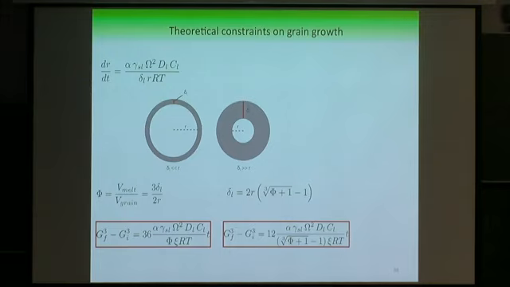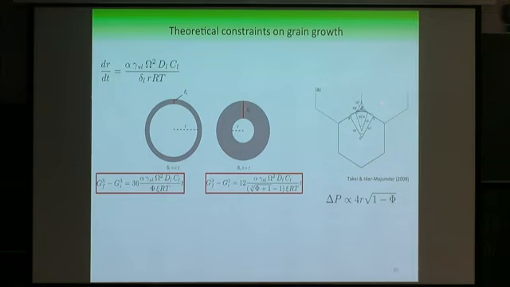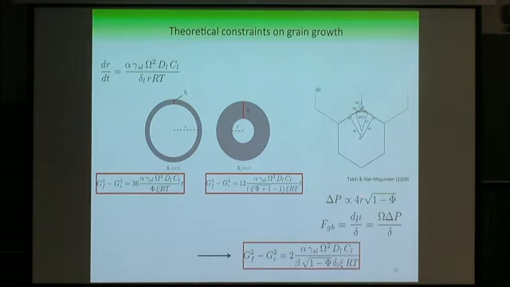Now, this is in the case where we consider melt films around the grain. But as we've seen on SEM images, it's not always the case. We can have melt within triple junctions there. So what I did is I looked into the paper of Yasuko Takei and Sash, their paper of 2009, where they determined a pressure gradient as a function of the grain radius and the melt content, then reinserted that in the driving force here, and I get this final equation where the grain size exponent is 2.